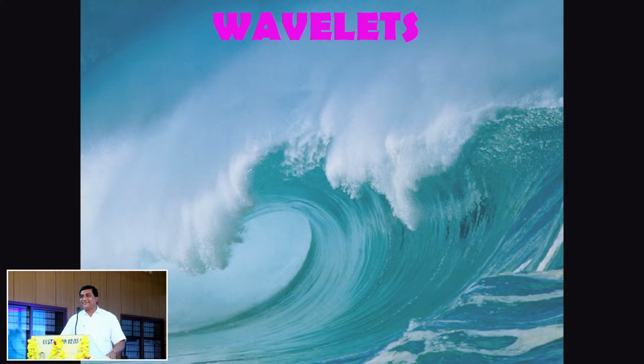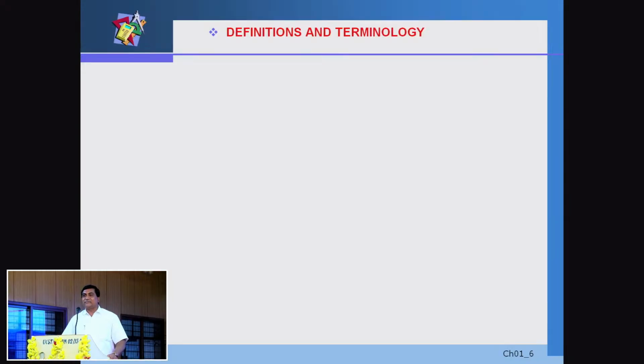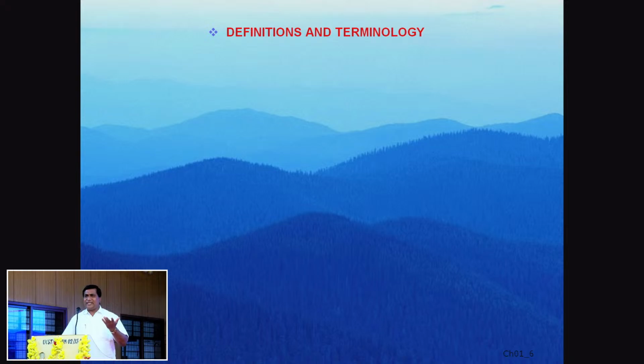Wavelets are there, but wavelets are not visible. Our responsibility is to show those things. How to see? We shall see. What is this? Forest. Have you seen a forest anywhere? Yes, you have seen forests many times, everywhere.